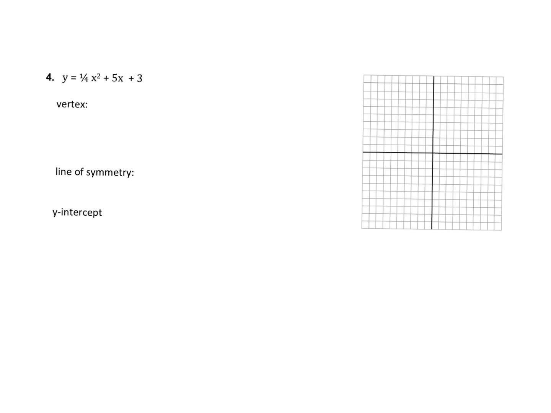All right, let's go ahead. We're going to graph our last one. Let's identify A is 1/4, B is 5, and C is 3. All right, so let's find the vertex.